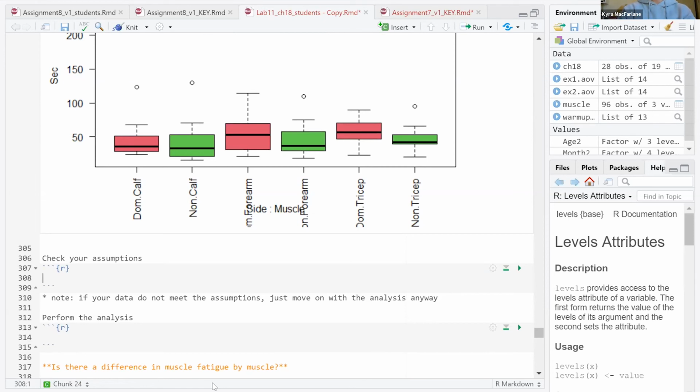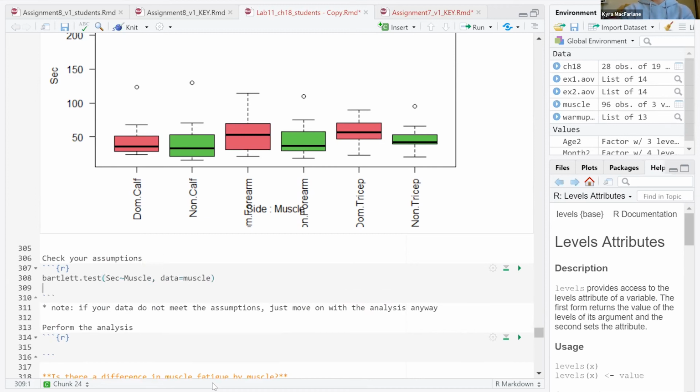So let's check our assumptions. Our variance is equal by both factors. So let's see, Bartlett test for seconds by muscle, data equals lowercase muscle. Bartlett test for seconds by side, data equals lowercase muscle.